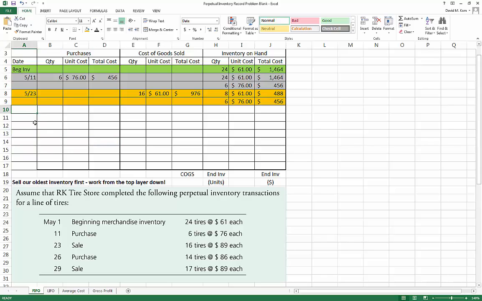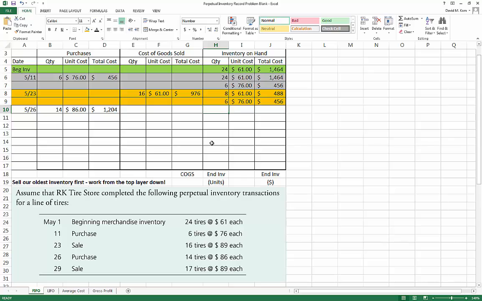Okay. Then we get to the 26th, we make another purchase. So now we're not going to have just 2 layers, we're going to have 3. So let's see how this works. On the 26th, we make a purchase of 14 at 86. So 14 times 86 comes out to be 1,204.